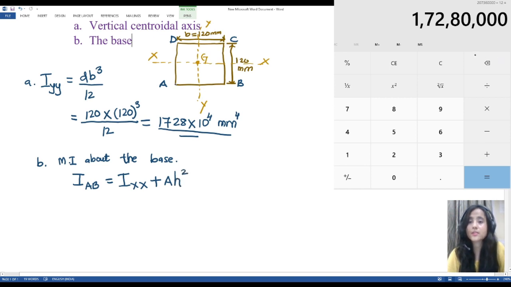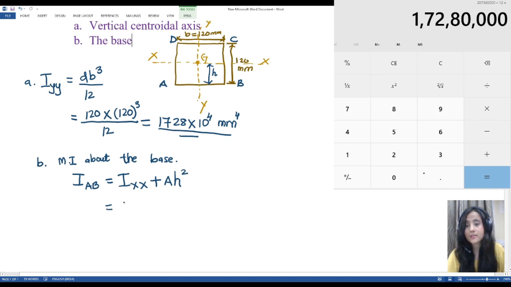Now what will be the distance of this axis AB to XX axis? It will be this distance h, right?